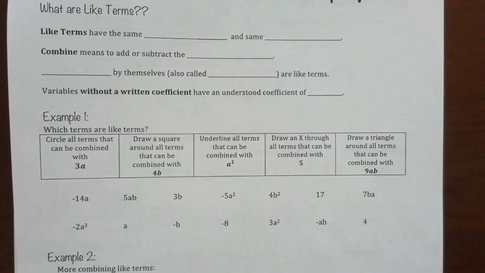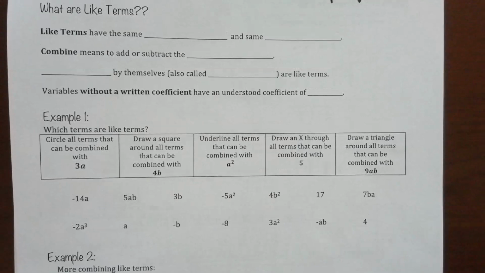Looking at the next one, we have A cubed C squared B and B, A cubed, C squared. Are they like terms? Do they both have an A cubed? Yes. Do they both have a B? Yes. Do they both have a C squared? Yes. Are those like terms? Yes.